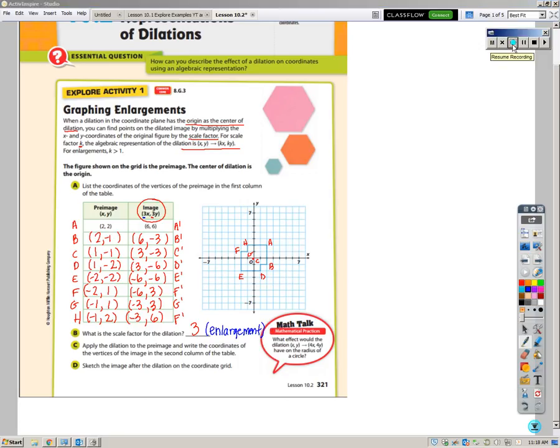So I'm going to start here, and I labeled these. You didn't have to, but it just makes it a little bit easier for me to keep track of them that way. So I've got my A prime, so I know it's going to be over here somewhere, right? And I've got 6 and 6. So here's 7, so 6 and 6. And then I've got my B, which is 6 and negative 3. 1, 2, 3. Then I've got 3 and negative 3.